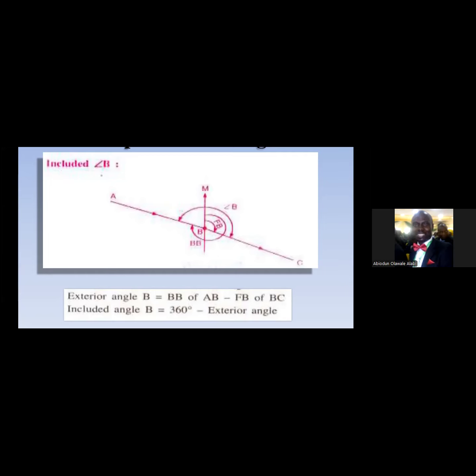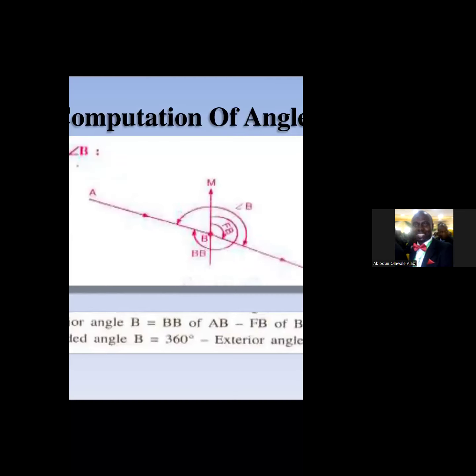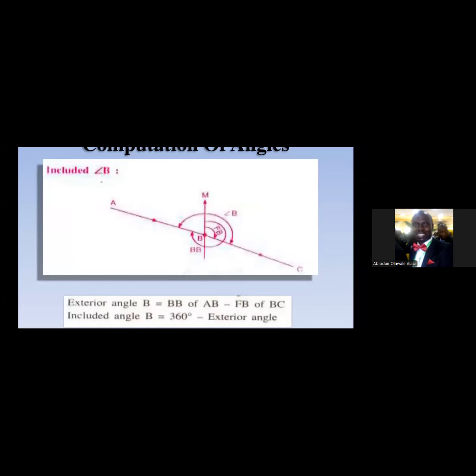So if I know the exterior part of the angle, I compute the interior part by 360 minus the exterior angle. And it's also vice versa. If I know the interior angle, I can also obtain the exterior angle. So that is that.